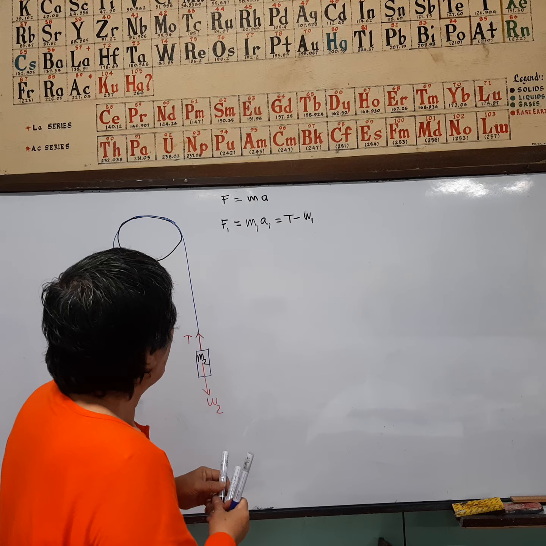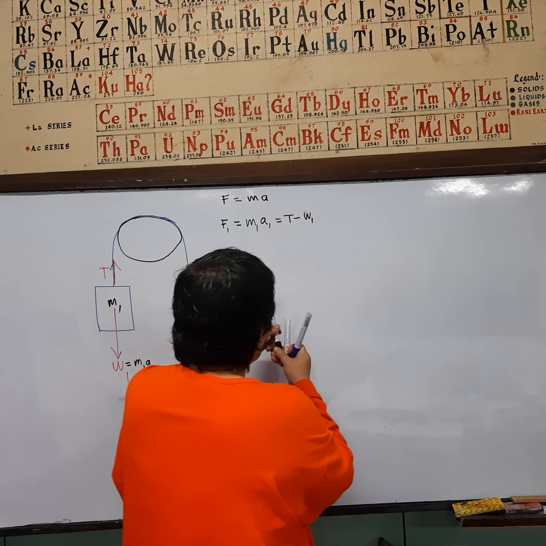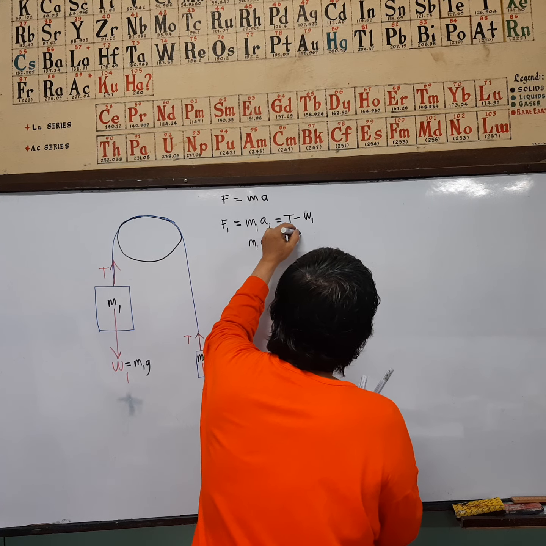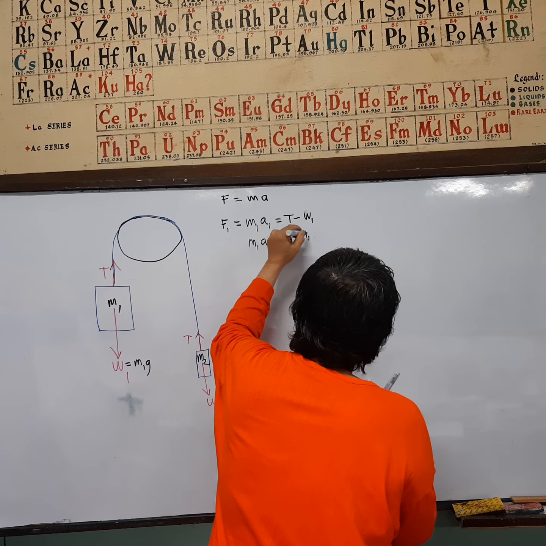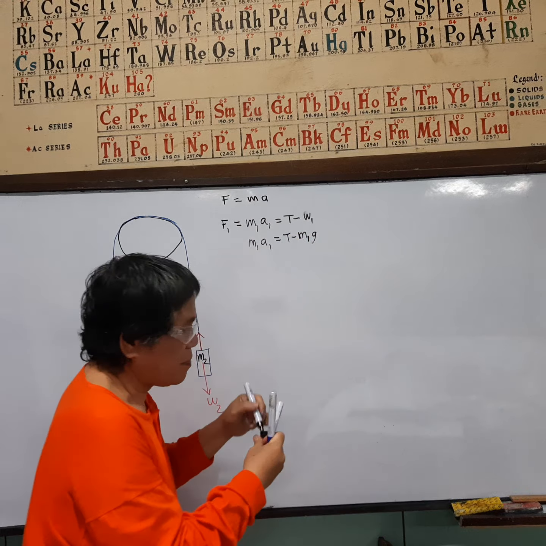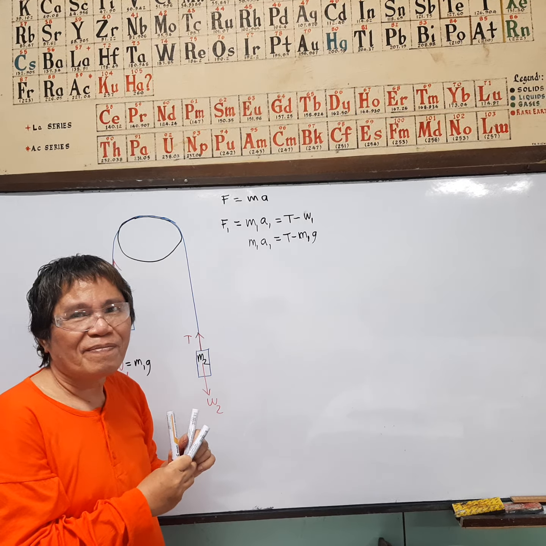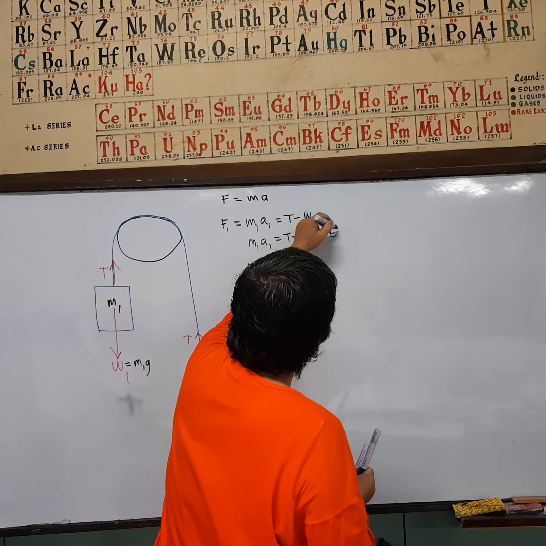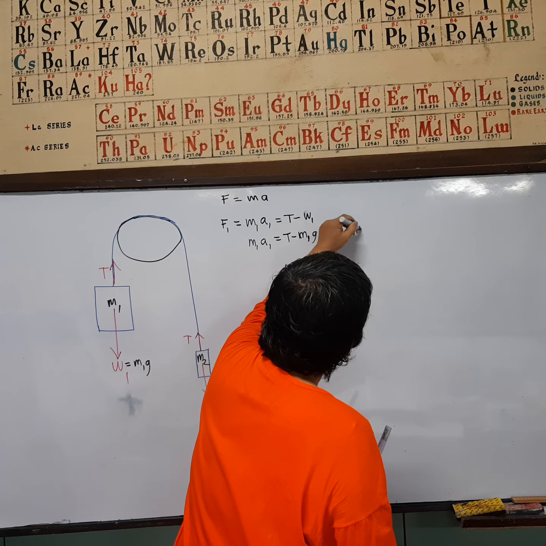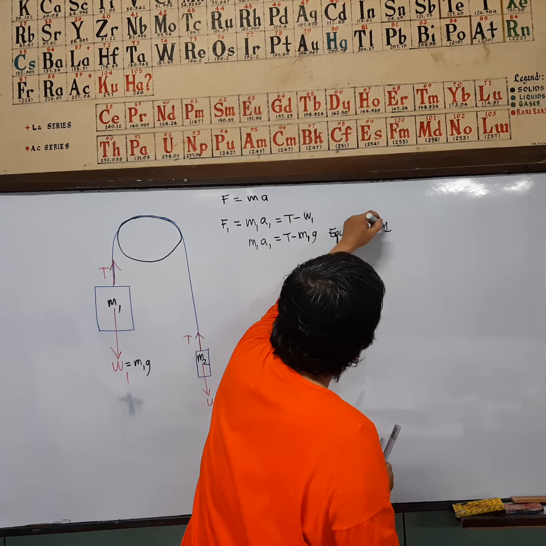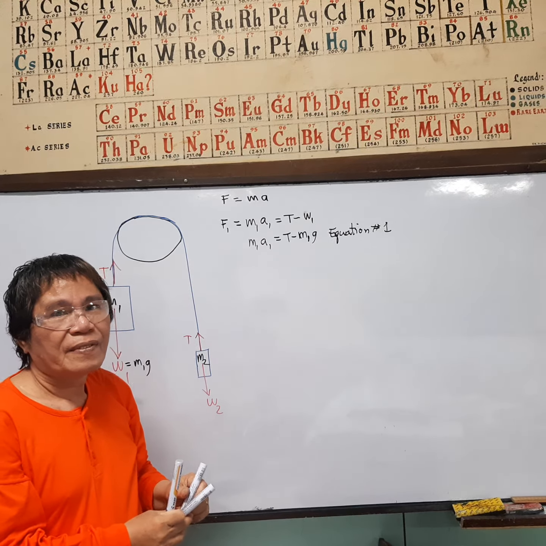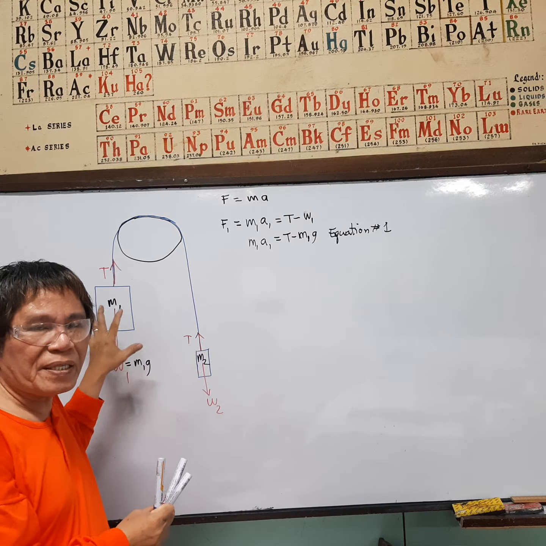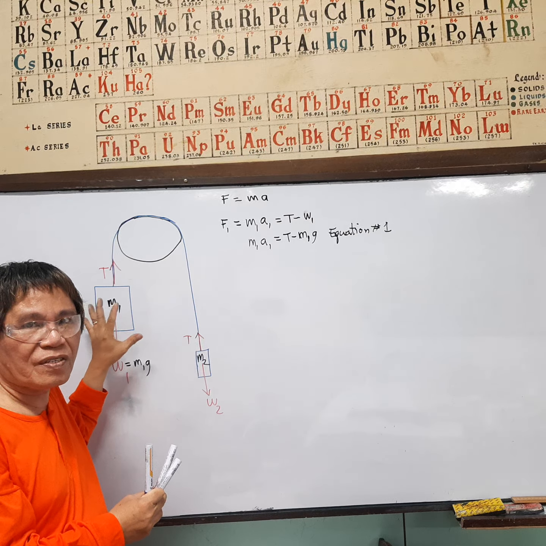And we can have this equation as M1 A1 equals T minus M1 G. We call this equation number 1, and equation number 1 is derived out of the given quantities on mass 1 or the cage.